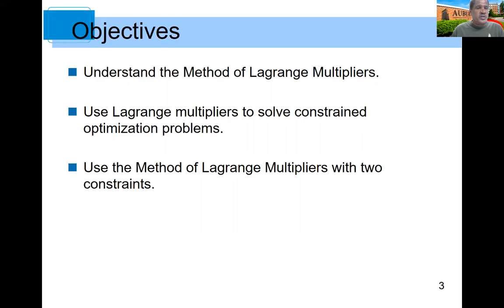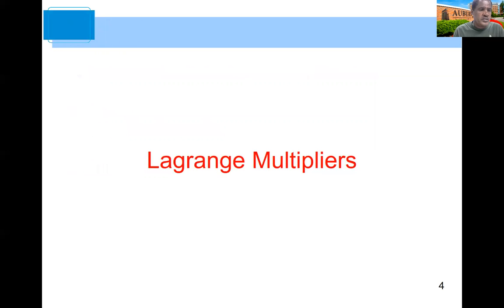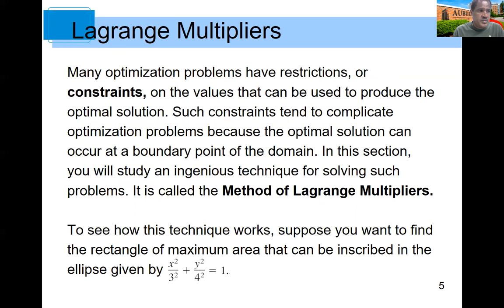We will do one example for each. That already takes a lot of time if we have to solve it in detail. But these two examples are enough to describe the method. So let's do it, Lagrange multipliers.